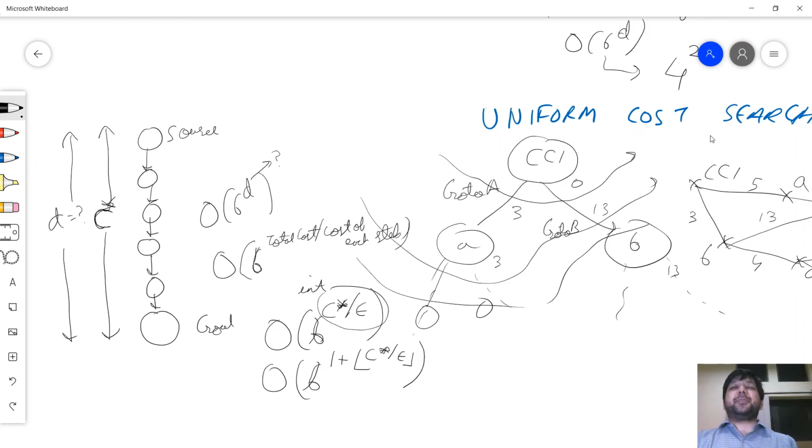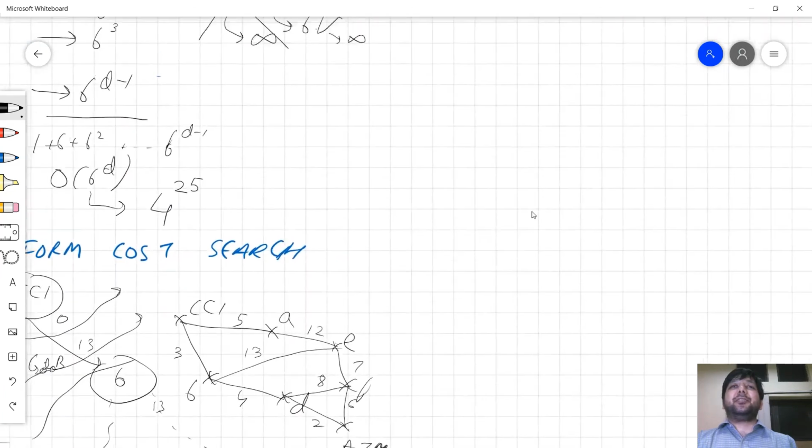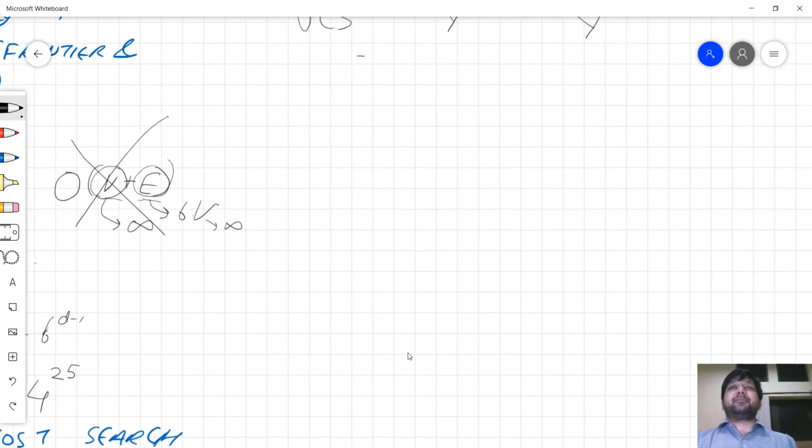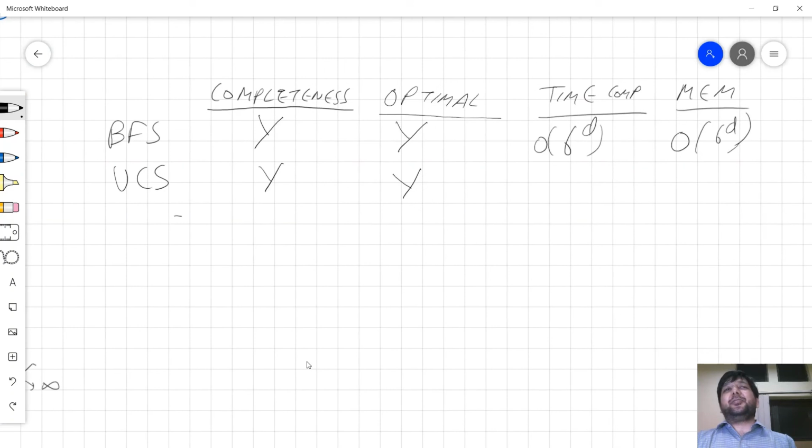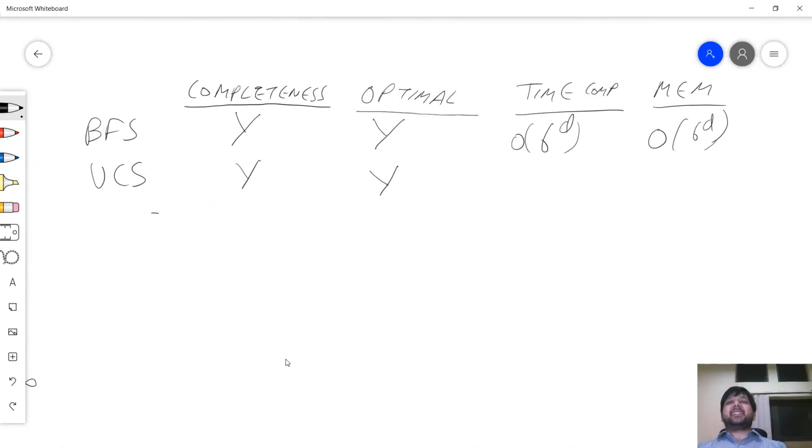So it's still b raised to power d, except d was unknown. D is the length of the longest path that I have ever seen till I get the goal.